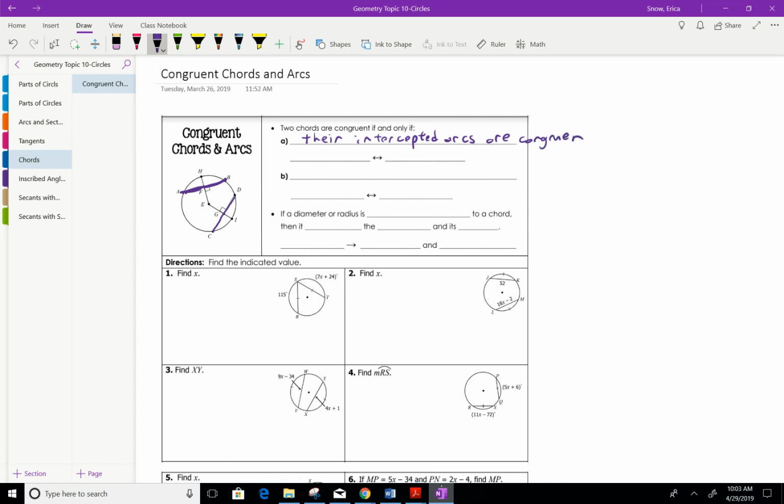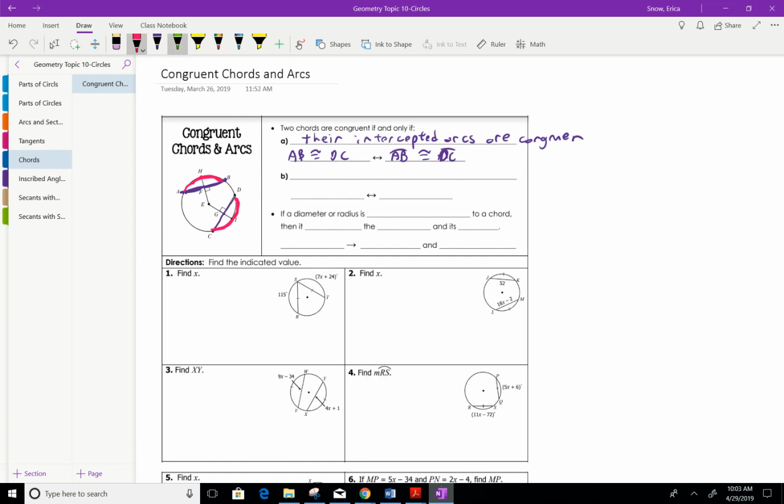So in this one, AB is congruent to DC if and only if arc AB is congruent to arc DC. So these segments are congruent if and only if these arcs are congruent.